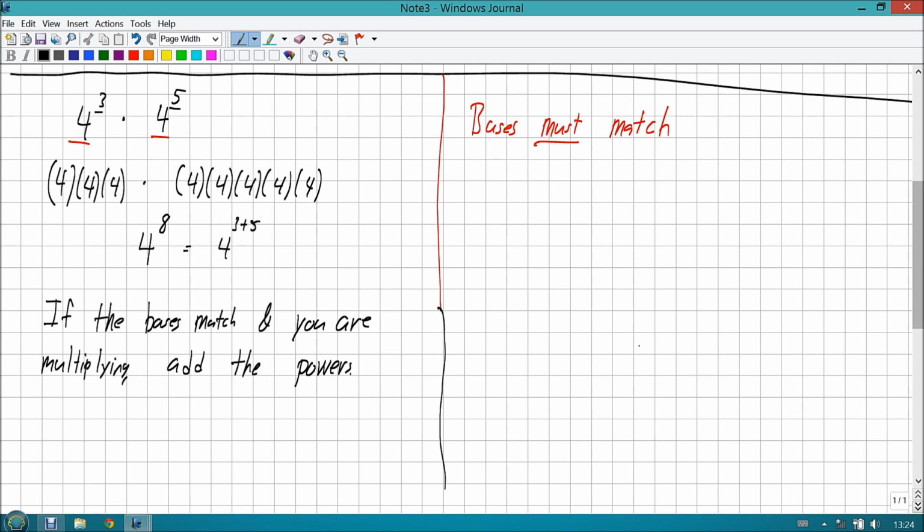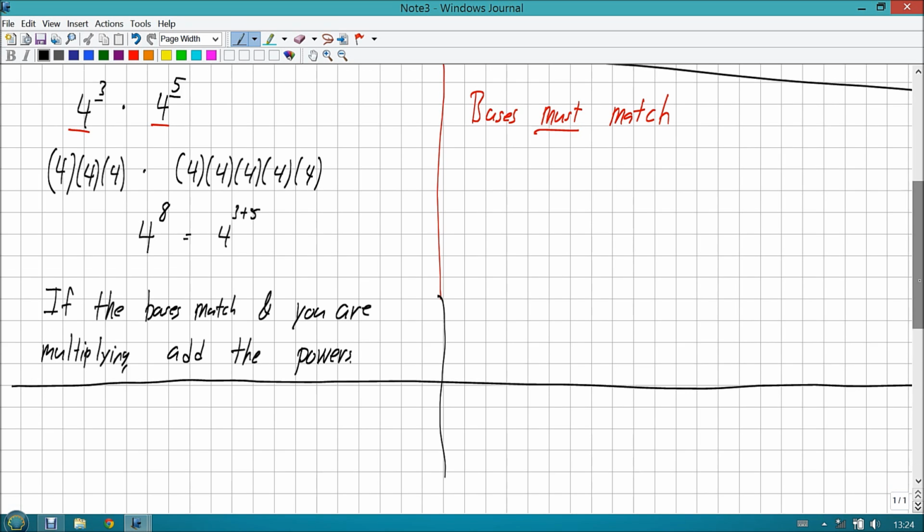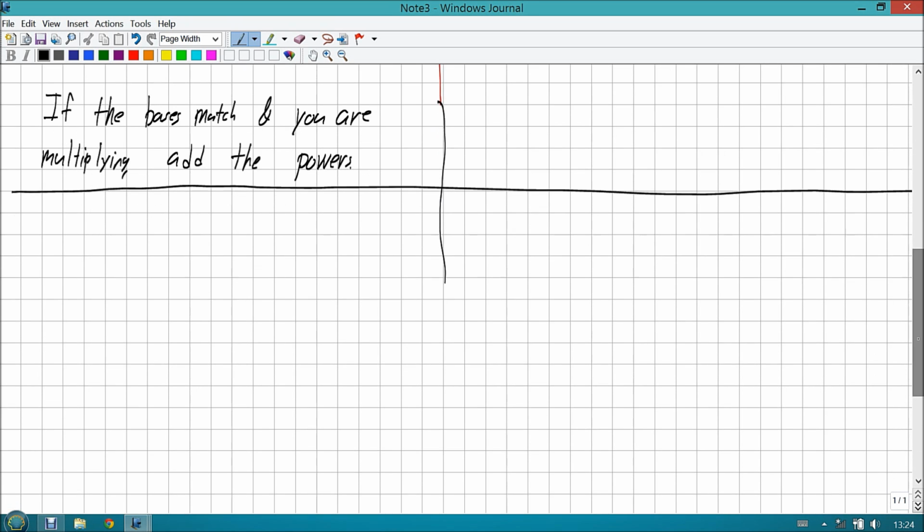What if the bases don't match? Well, let's take a look at an example where the bases don't match. Let's look at 2 to the third times 4 to the second. Now, 2 and 4 are not the same number. The bases don't match.